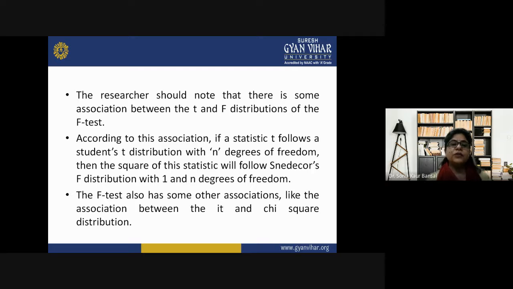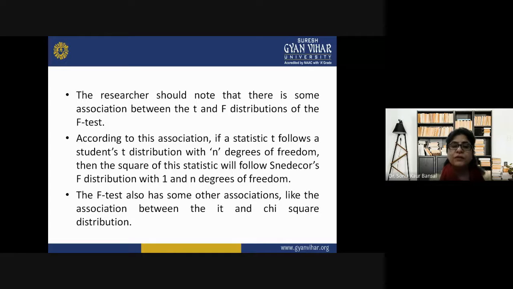Now, another use: the researcher should note that there is some association between the t and F distributions. So there is some association between the t distribution when you see the t-test and the F distribution.